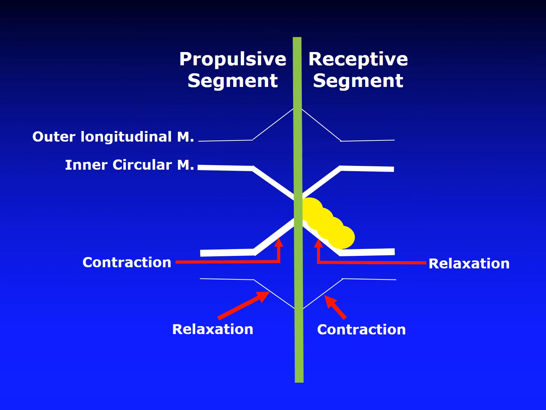And in order for you to milk that, to squeeze, if you will, the ingesta all the way from the mouth to the anus, at every point of the gastrointestinal tract, you create two segments, a propulsive segment and a receptive segment.